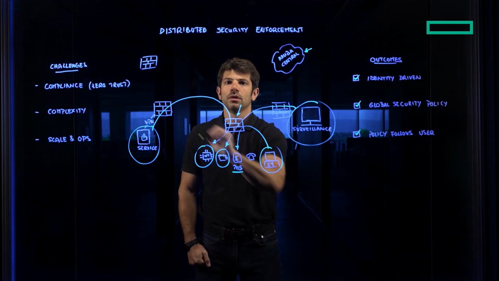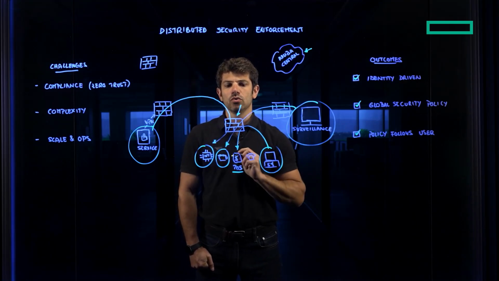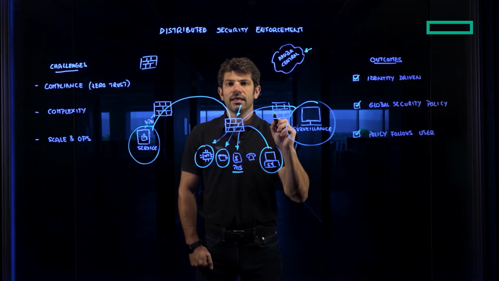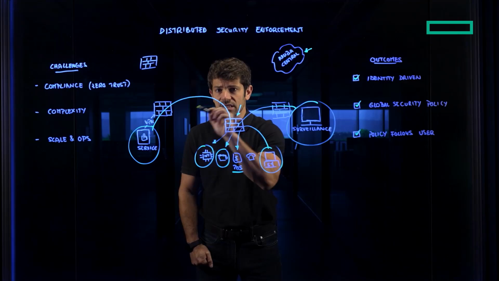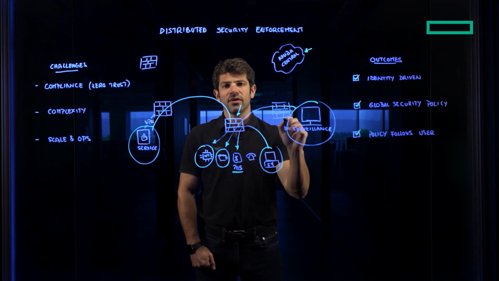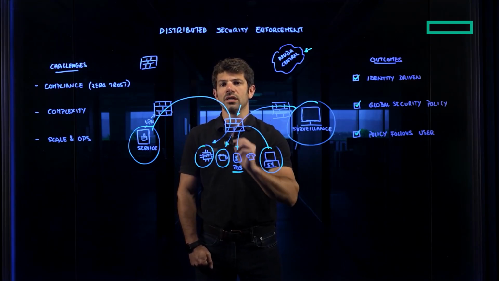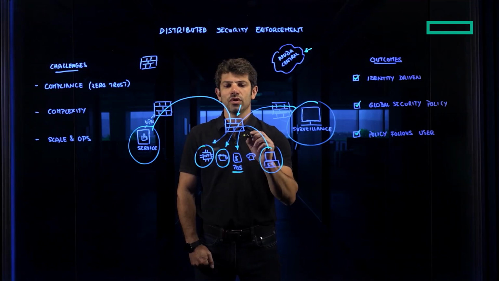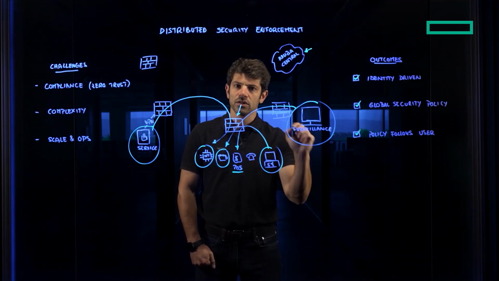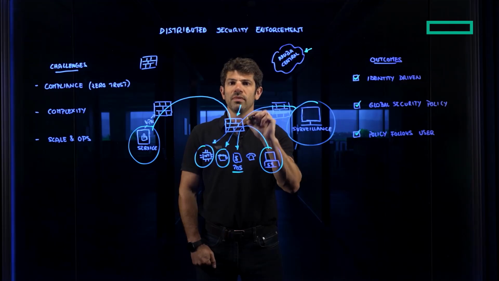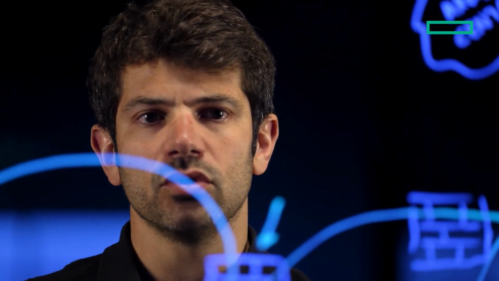We have pushed a consistent policy to all our devices. And last, and very important in this distributed enterprise, as traffic traverses the network, we are carrying that contextual information so that all my enforcement points have all the necessary information to make the right decisions and to allow what traffic should be allowed and deny what traffic should be denied.